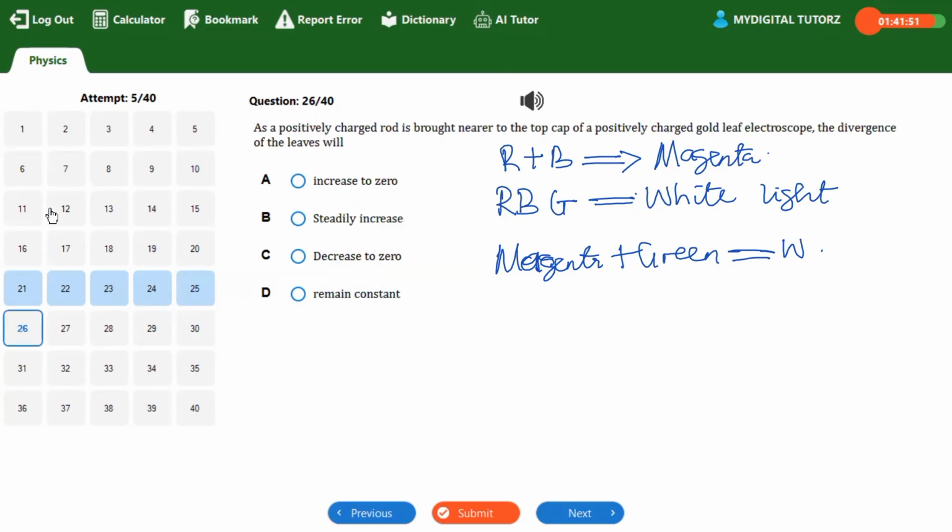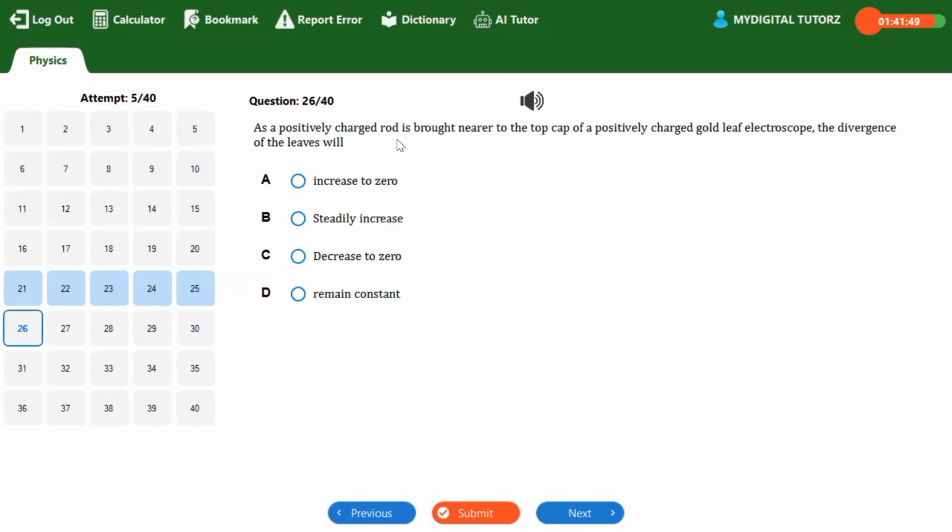26 says, as a positively charged rod is brought nearer to the top cap of a positively charged gold leaf electroscope, the divergence of the leaves will be what? A, increase to 0, B, steadily increase, C, remain constant, D, decrease to 0. You should know that the principle on which a gold leaf electroscope works is the law of electrostatics, right? Like charges repel, unlike charges attract.